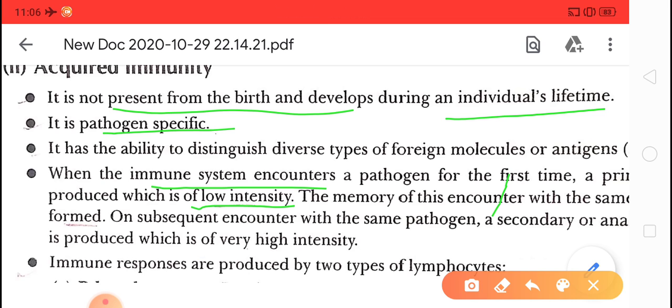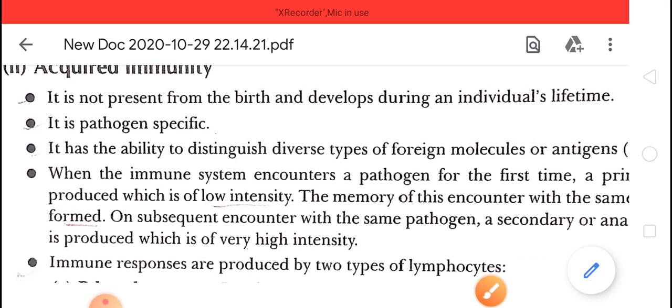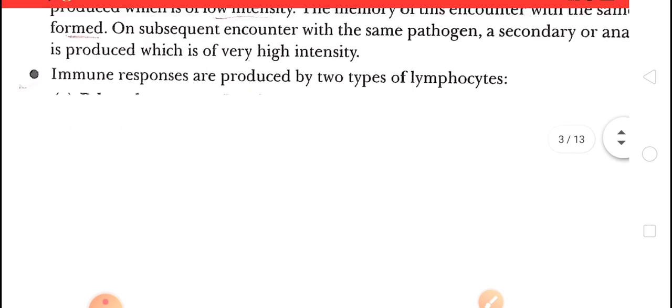Now next one. Basically, the immune responses are produced by two types of lymphocytes. Okay, the primary and secondary responses are produced by two types of lymphocytes.